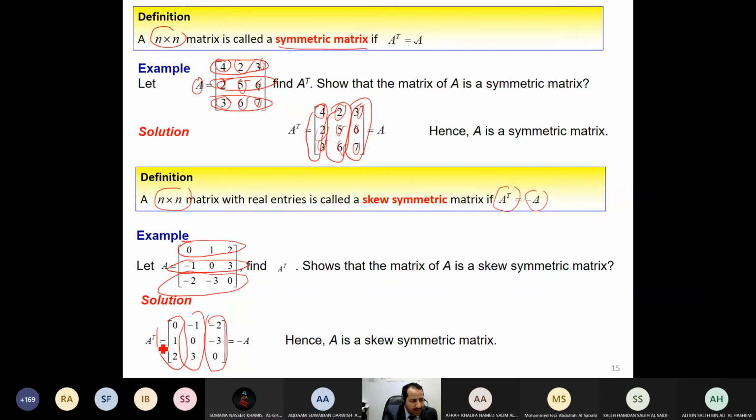And when I compare A transpose and A, I can see 0, 0. 1 becomes -1. 2 becomes -2. -1 becomes 1. 0, 0. It's the same elements in the same places, but with a different sign. If it is positive, it becomes negative. If negative, it becomes positive. For that, we call it a skew matrix.